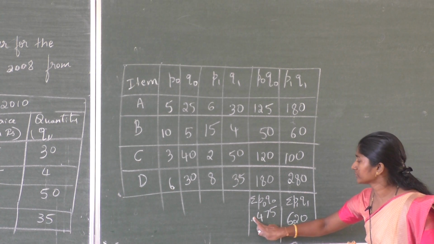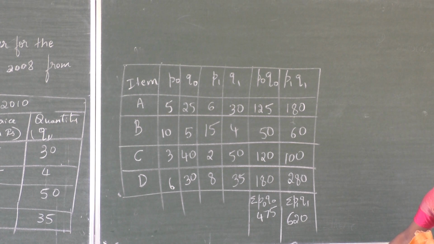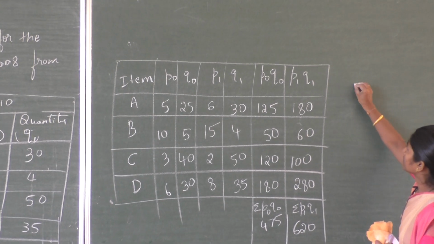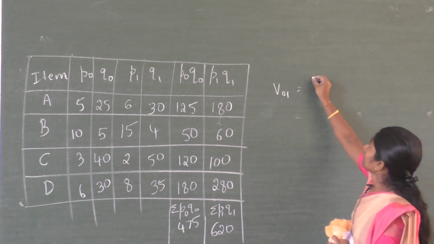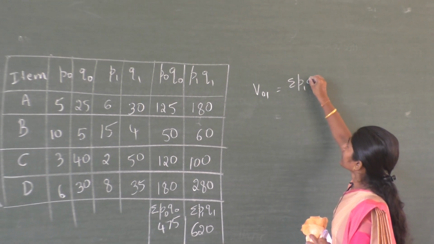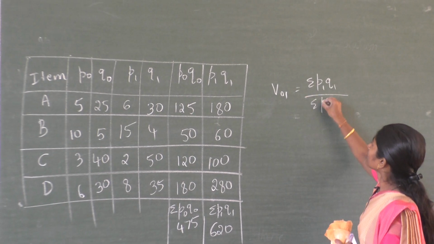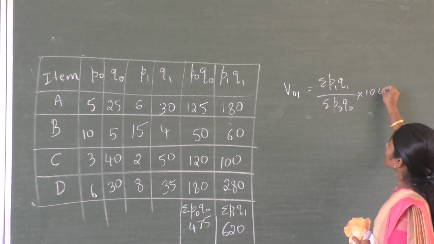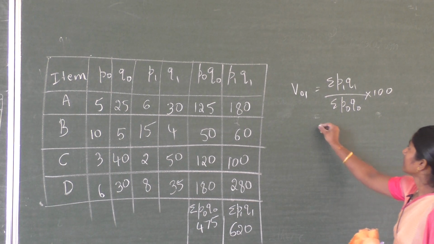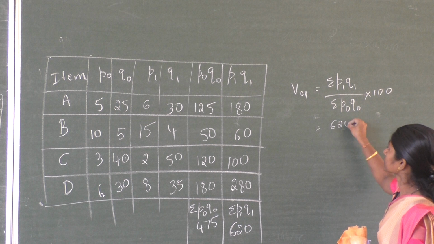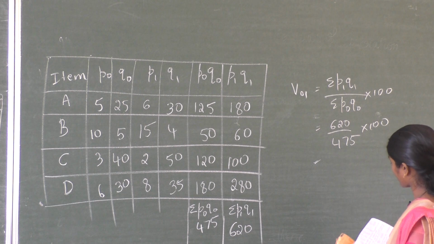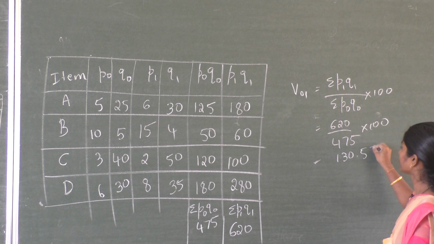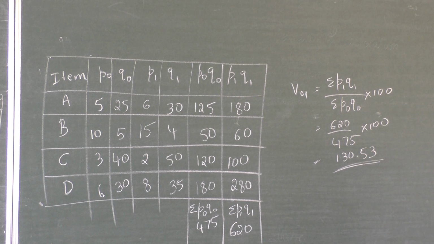Next, we write the formula of the value index number and calculate the answer. V01 is the total value of P1 Q1 over the total value of P0 Q0, expressed as a percentage. Here the total value we got is 620 over 475 into 100, and our answer is 130.53.